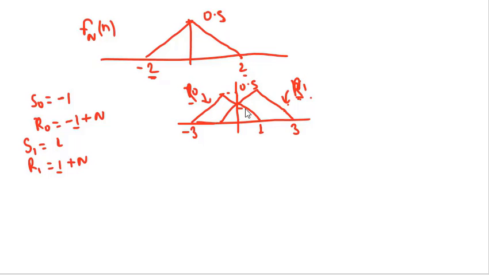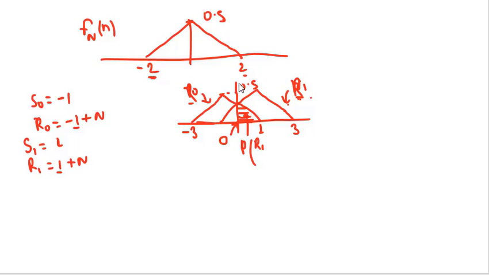Now what is this area? This area is the intersection of these two received symbols R0 and R1. This shaded area will give you the probability of received symbol as R1 because it is under the R1 region, because your threshold point is given as 0.